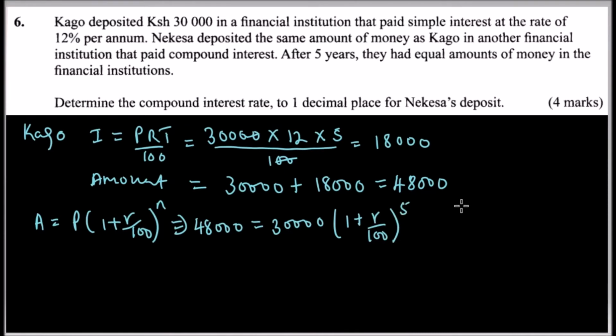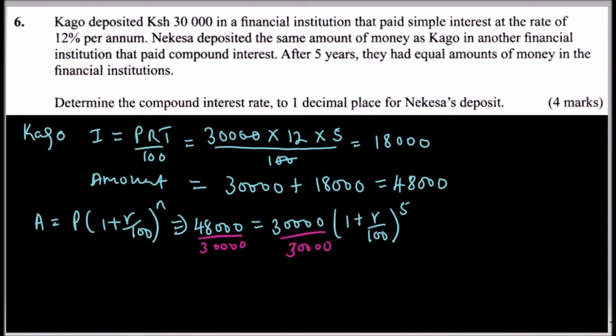With that, we can divide both sides by 30,000.